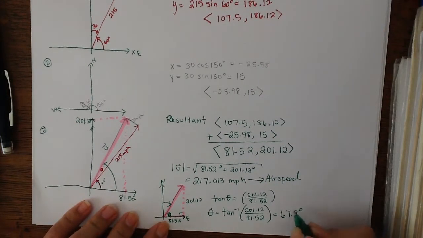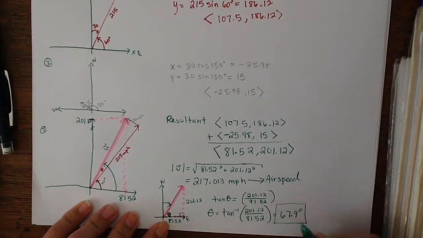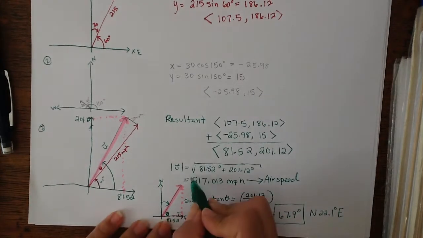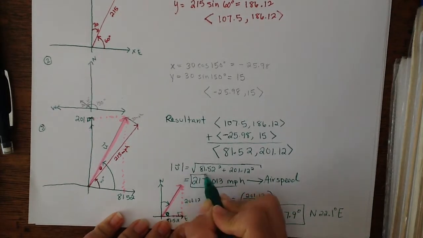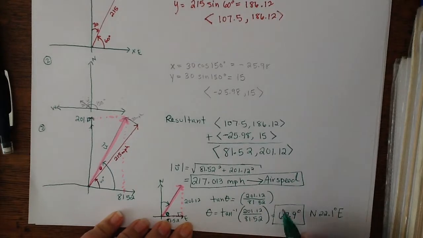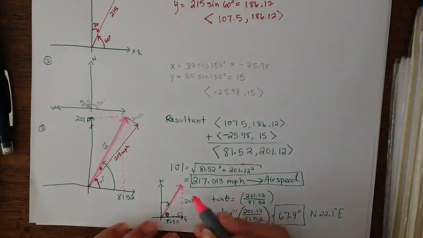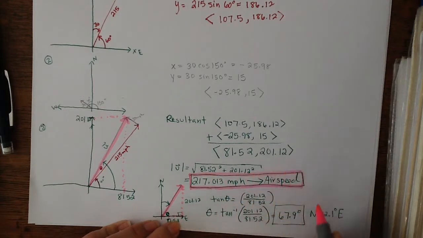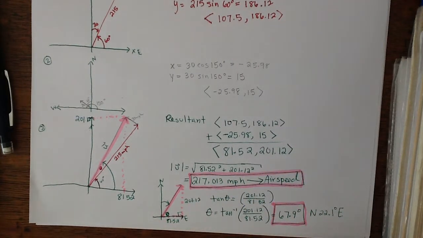Another way to see this same angle would be north 22.1 degrees rotating east. But for this problem, the specifications said to find the airspeed, which we did, and the direction angle. These are our answers for our resultant vector. This is how the plane is actually flying when you factor in the wind.